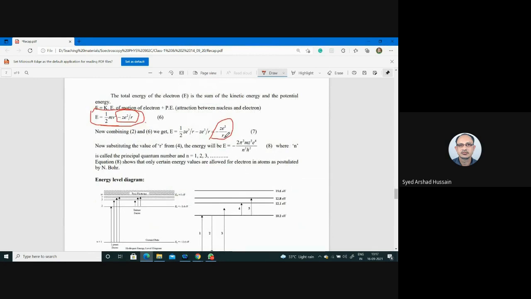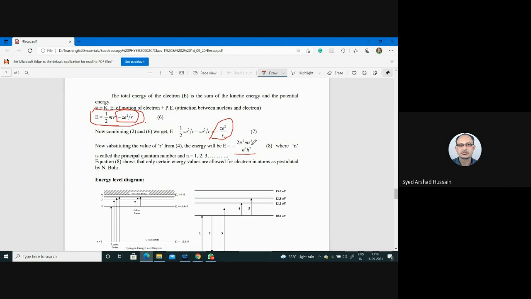so you can have an expression for the energy of an electron in a particular orbit, something like that. E is equal to minus 2π²mZ²e⁴ divided by n²h². So n is the number of the orbit where the electron is lying, and Z is the atomic number.